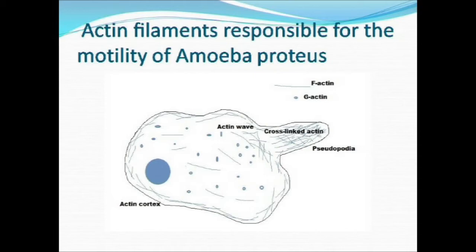Actin filaments are connected to the plasma membrane, where they form an actin cortex that provides mechanical support. If there is an attractant before the cell, actin filaments form a wave to change the cell shape to allow the movement of the cell surface to build a pseudopodia by cross-linked filaments.